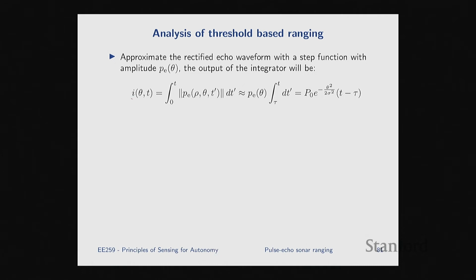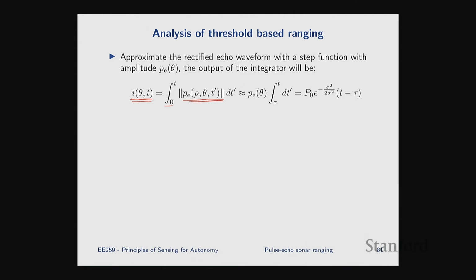We call I of theta and t the output of the integrator, which is basically the integral from 0 to t of the absolute value of the echo amplitude, or the rectified echo amplitude, right? Now, we're going to make one more simplification here, again, just to get a signal model we can analytically play with.